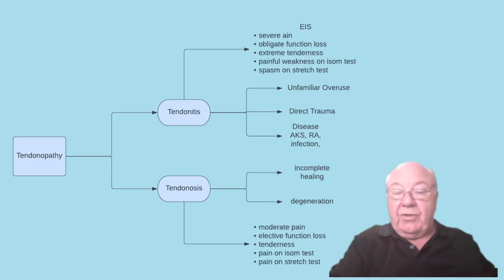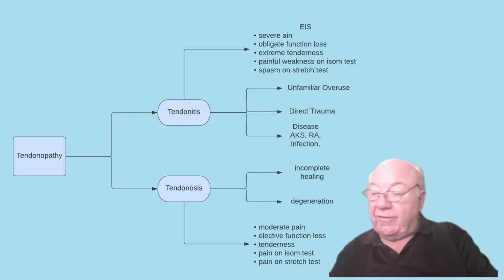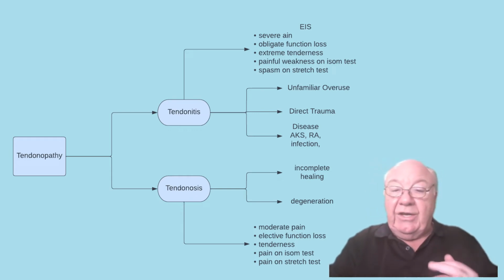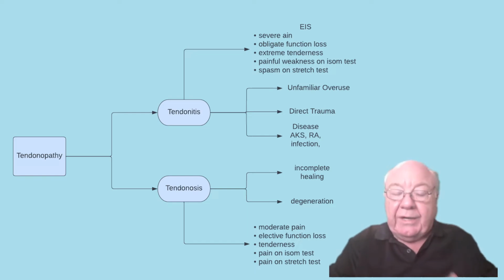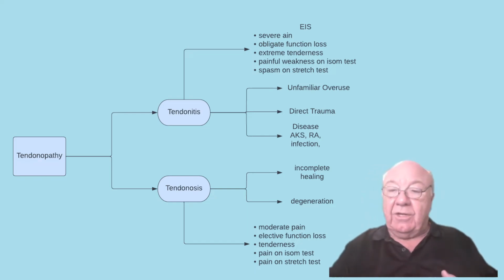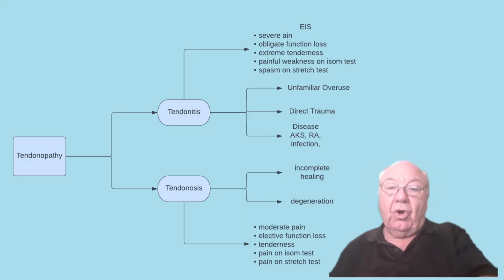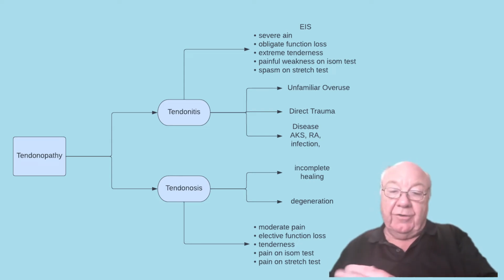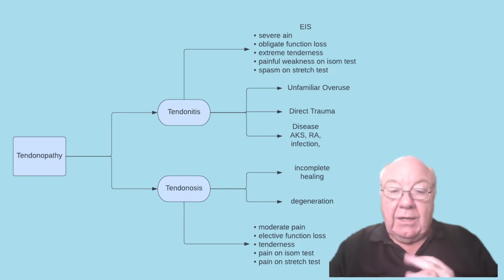So if you're not seeing that history of unfamiliar overuse, you're not seeing other joints affected, there's no blunt trauma, then you could be allowed up to a point of saying that the tendinitis has been caused either by friction or by the overuse they're complaining of. Just make sure it's not a medical condition though.